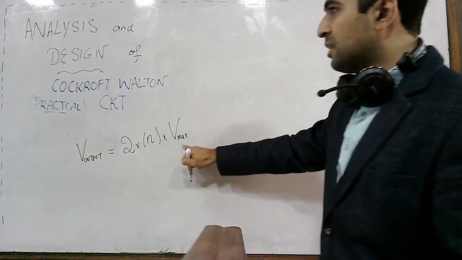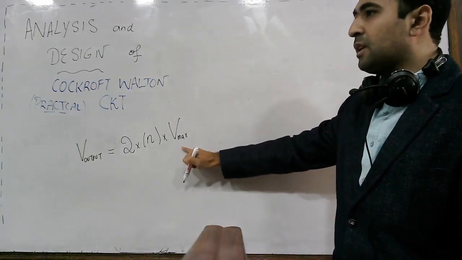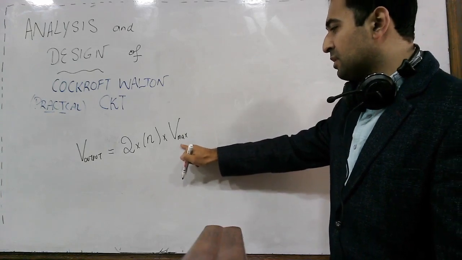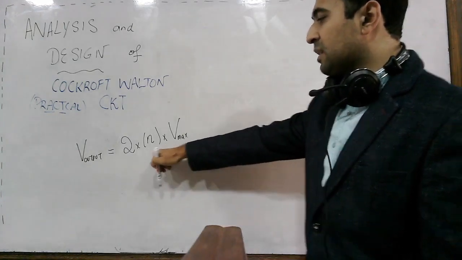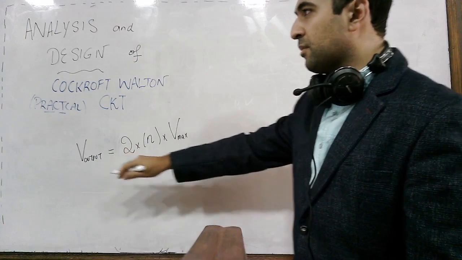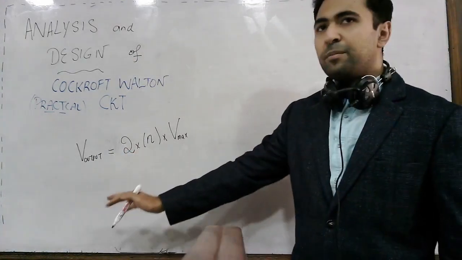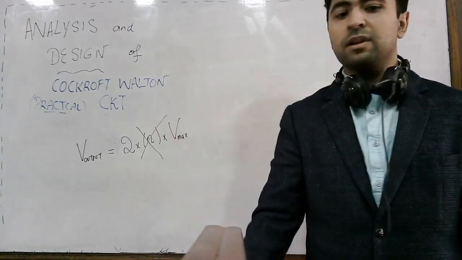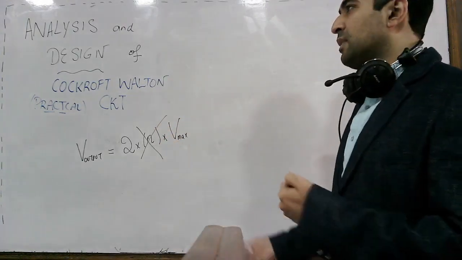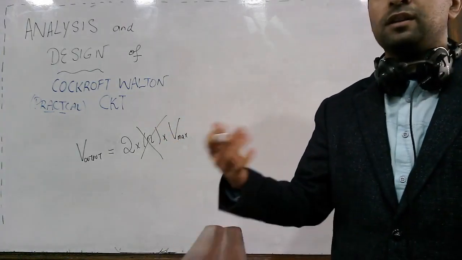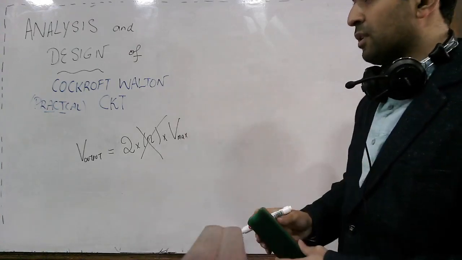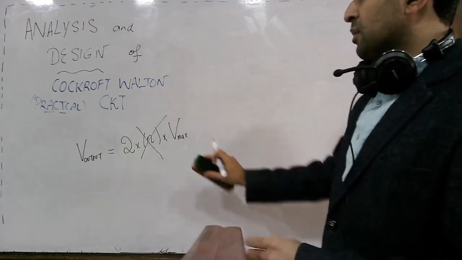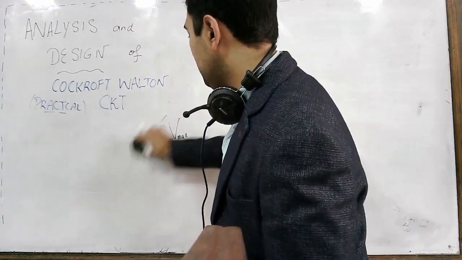V maximum is the peak value of the input AC power source, n is the number of stages, and 2 is the multiplier factor. So practically this value is not possible. Why? Because we have the loading effect. You have to connect the load across the Cockcroft-Walton output.